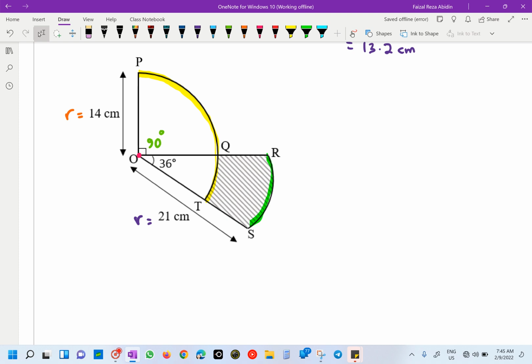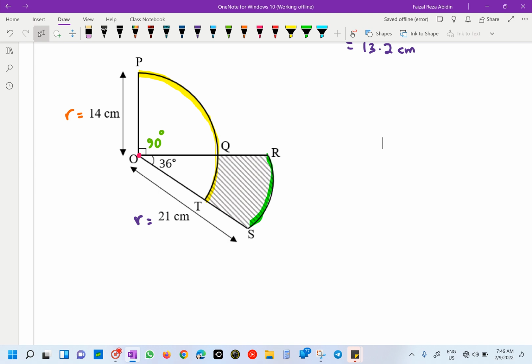Before we find the area of shaded region, you must identify where is your shaded region. QRST there. Okay, QRST. Kenapa banyak nyamuk ni? Okay. So means what? Means I'm going to find for the OQRST there. Isn't it? Yes. It is not going to be the area for our OPQ. Tu tak ada kena-mengena.